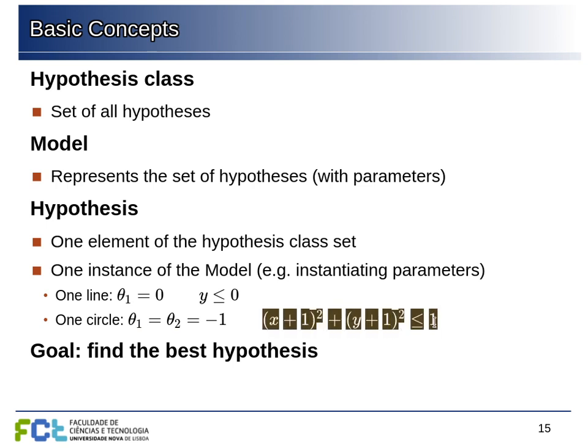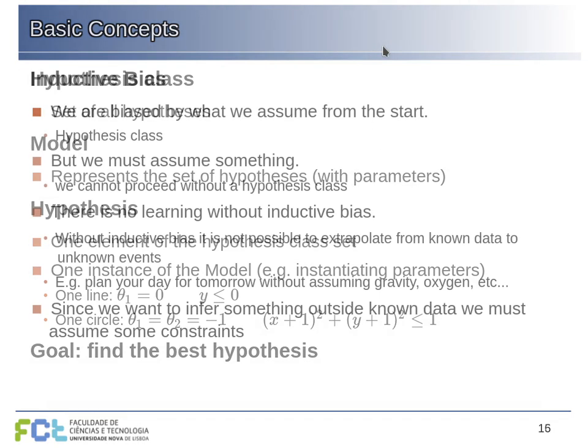This would give us the algorithm to predict if something is blue. So we would compute this expression, the x coordinate plus 1 squared plus the y plus 1 squared, and if this is below or equal to 1, we would classify it as blue, otherwise red. So the hypotheses give us the algorithms for solving our problem, and we obtain them by instantiating the parameters of the model, which represents the whole class of hypotheses.